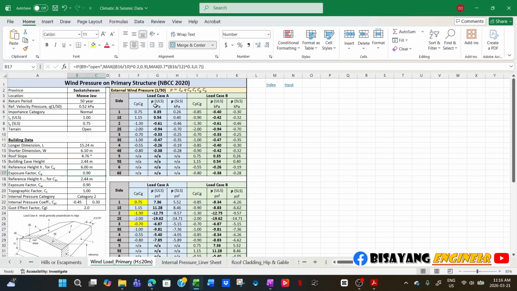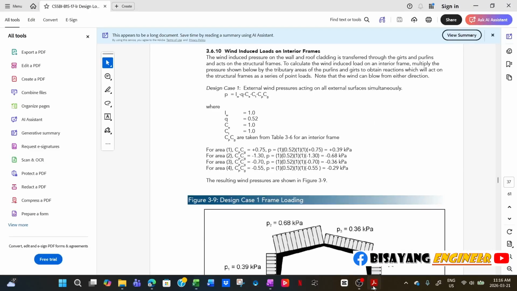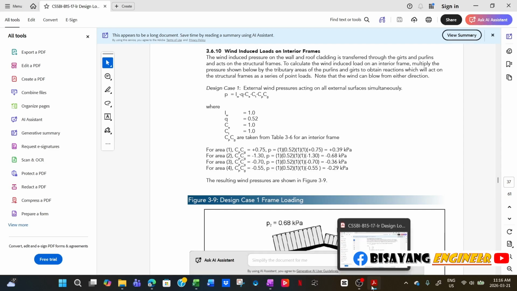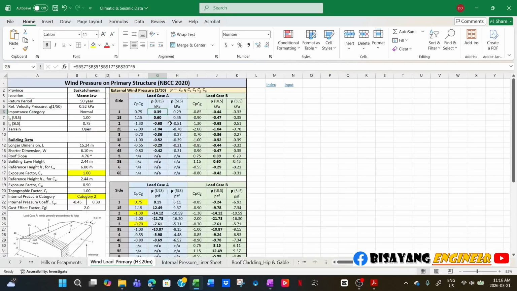Because they are using one in here, for some reason that I don't know, it should give the value of P is 0.39. Is it 0.39 here? Yeah, 0.39. And then area 2 is 0.68. Area 2 is one here. 0.68, 0.39. See?